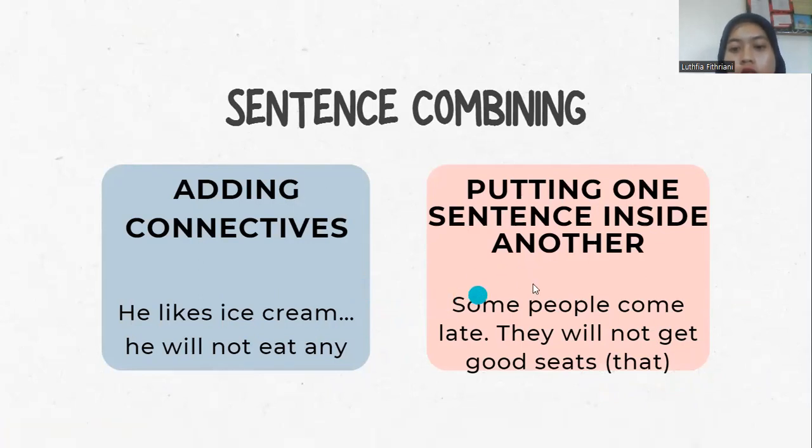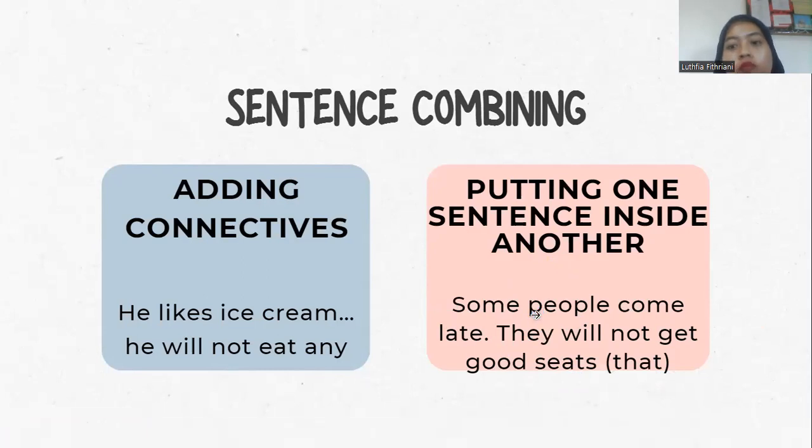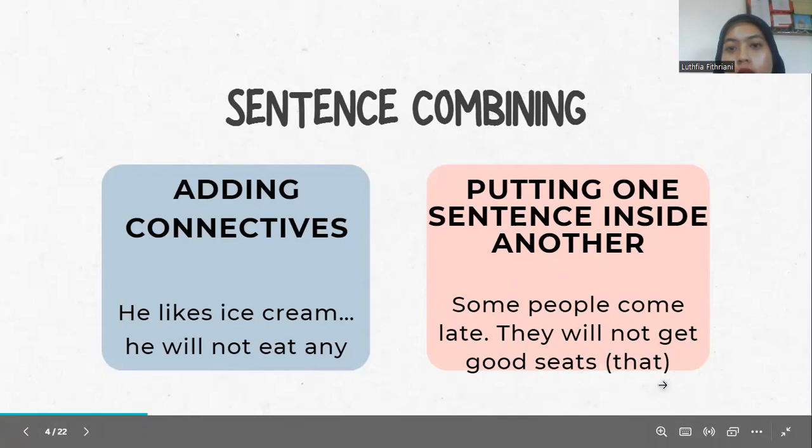The first is some people come late, and the second, they will not get good seats. So the students have to make the two independent clauses into one sentence, and the teacher can provide a conjunction or connection as a help for the students.